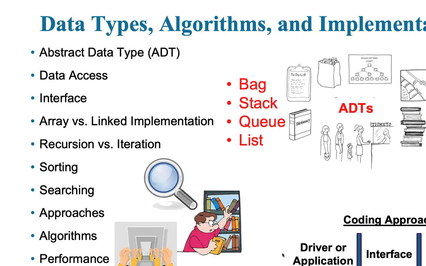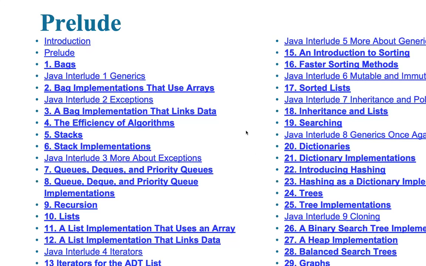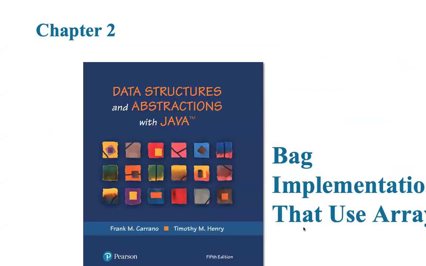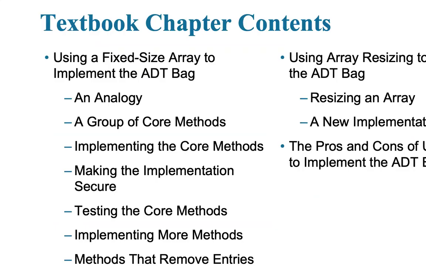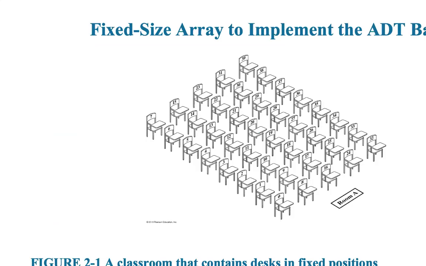So let's see where we are here. Now we've covered all of the bags. We talked about the arrays, we talked about the implementation, we talked about the efficiency of algorithms. And so I'm just going to page through some of these lecture notes here, because one thing that shows up in the lecture notes that doesn't show up in the video notes is the piggy bank example.